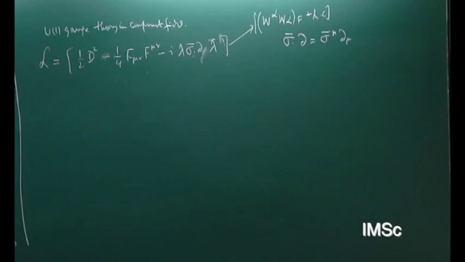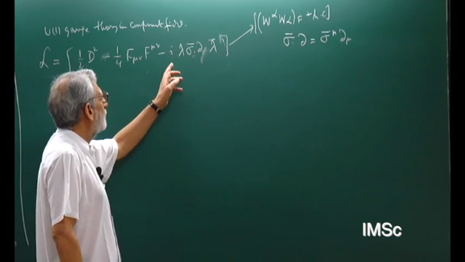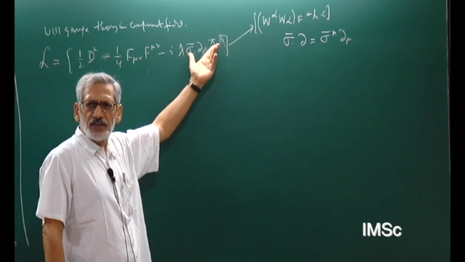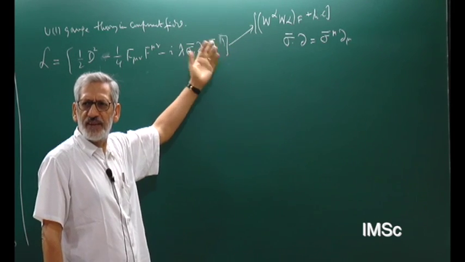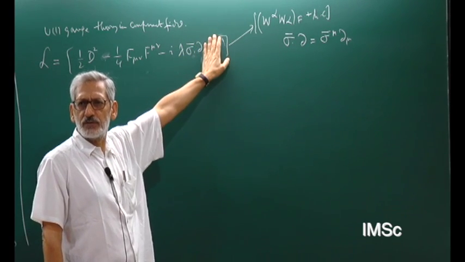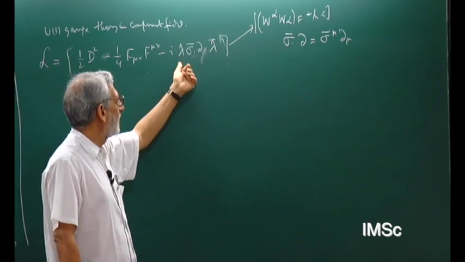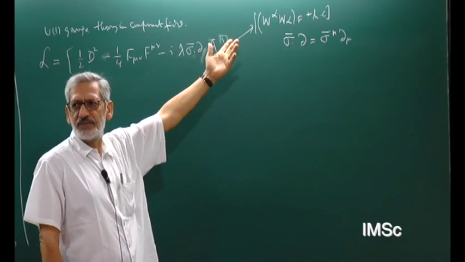This exercise we have done. Well, in that exercise I wrote it with an i by 2, plus an i by 2 times the conjugate of that. The two differ by a total derivative, so I have added them and thrown away a total derivative piece. So you will find that in the earlier exercise, I think we had put half of this plus half of its conjugate.